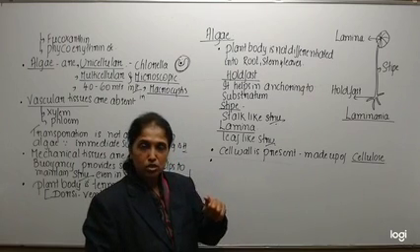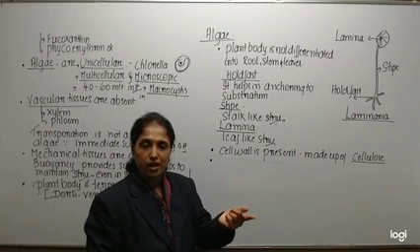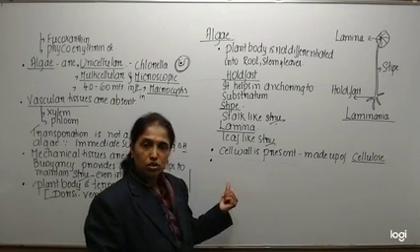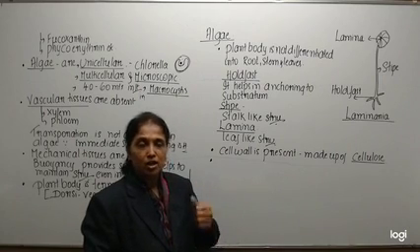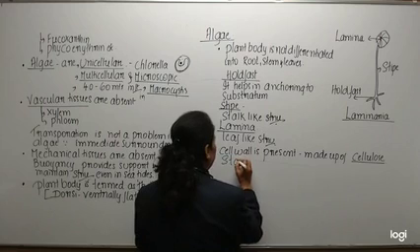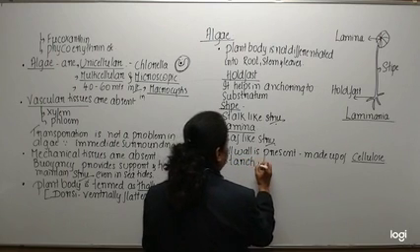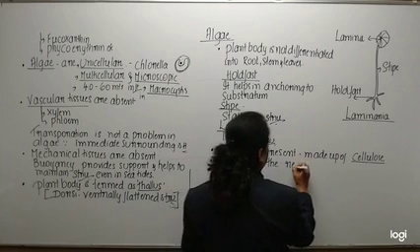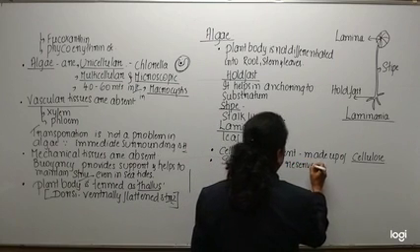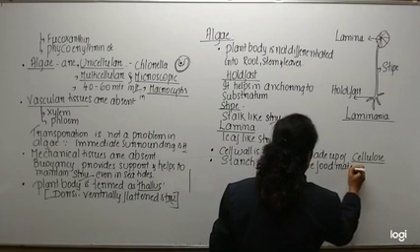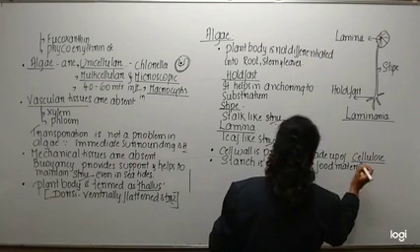Glycogen is characteristic of animals or fungi, whereas here glucose is converted into starch and stored. So starch is the reserve food material.